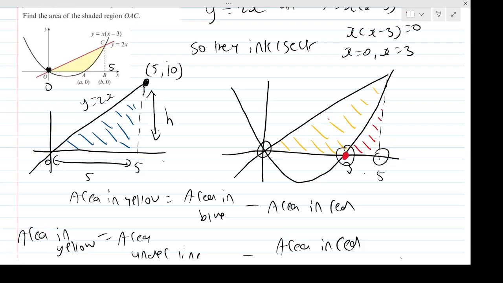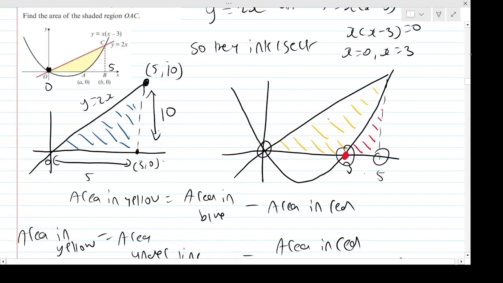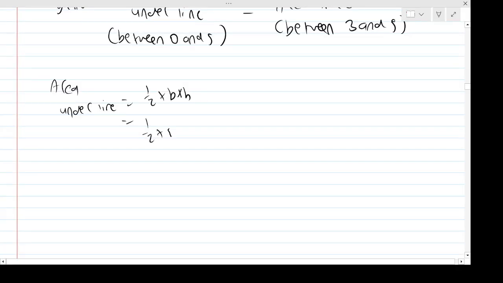So the y coordinate would be 10. At the base it's (5, 0), on the x-axis, and up here y is 10, so we've gone up by 10. That's my height. So the area in blue is the triangle: half times base times height, which is half times 5 times 10. That's 50 over 2, which is 25.